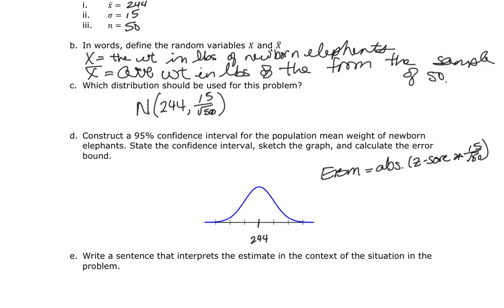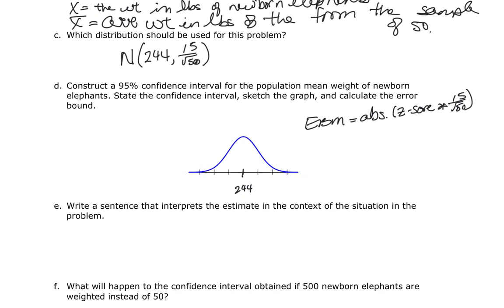So it's really the Z-score that I'm chasing. I put this in my calculator, and my lower bound is 239.84, and my upper bound is 248.16. So this is what I get.